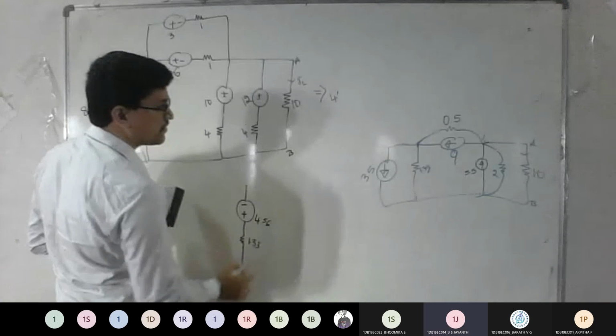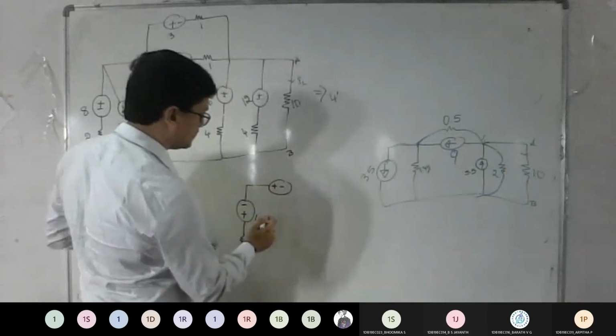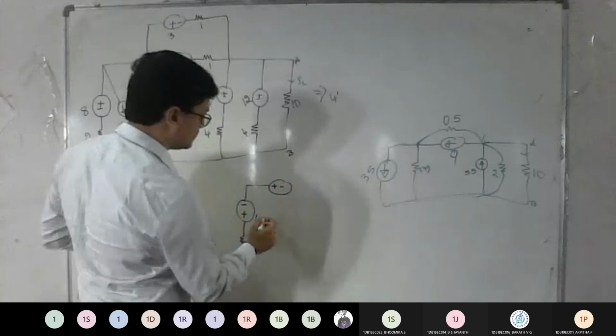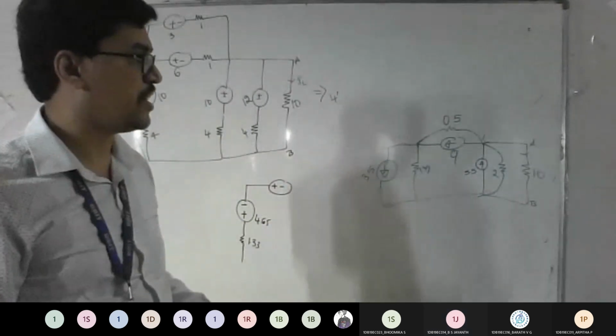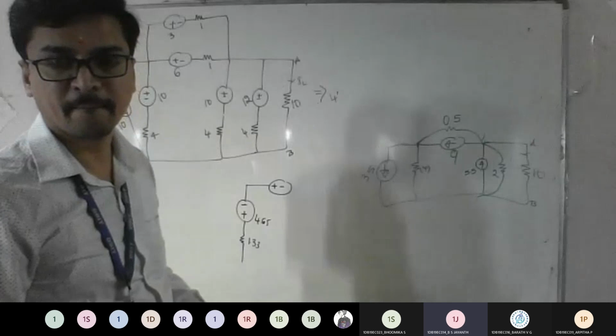Okay, 65, sir. Good. Next answer. Convert the current source to voltage. V is equal to I into R. It's 4.5 volts, sir.